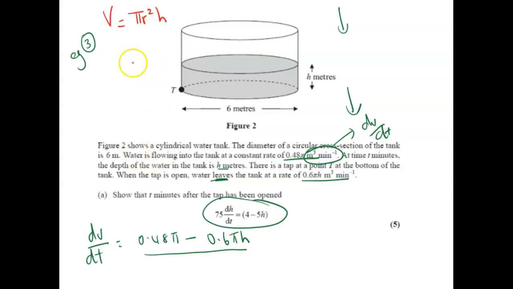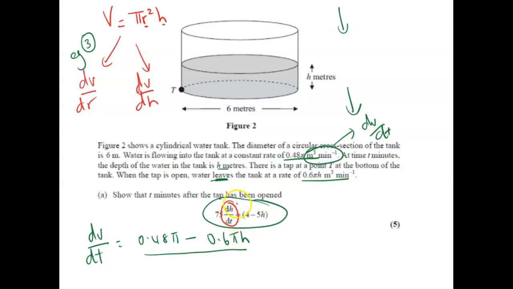So I could then differentiate this, but in this formula, I have two variables. I have r and I have h. What would I differentiate with respect to? Will I go dV/dr or will I go dV/dh? Now, in our question here, we have the dh/dt.